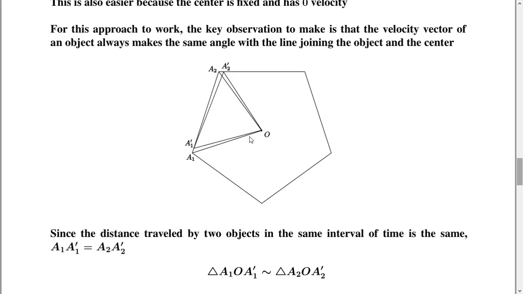Now, if these two angles are equal, then the angles A1OA2 and A1 dash OA2 dash are also equal because the part in the middle is common, and these two angles are the same. So this plus this is equal to this plus this, and therefore A1OA2 is equal to A1 dash OA2 dash.